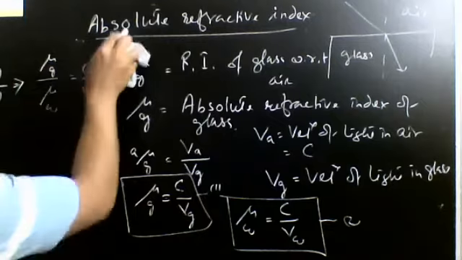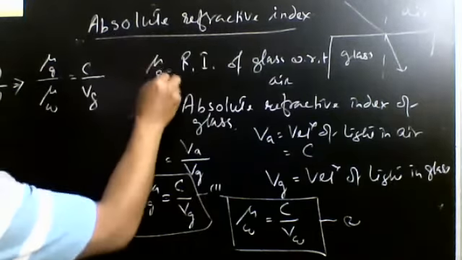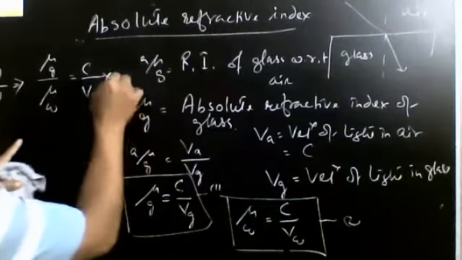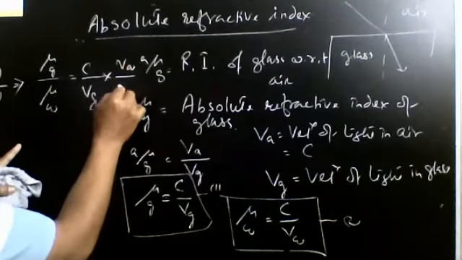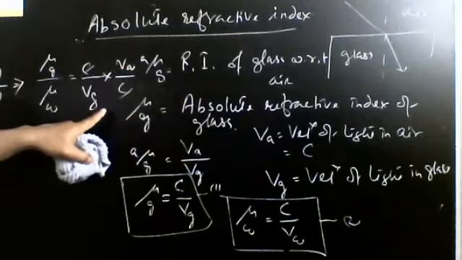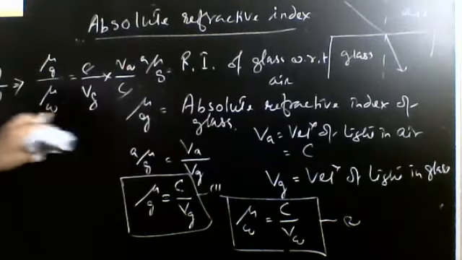Okay, mu G is C by VG, and mu W is equal to what? C by VW. So VW will be there by C. So C will be cancelled.